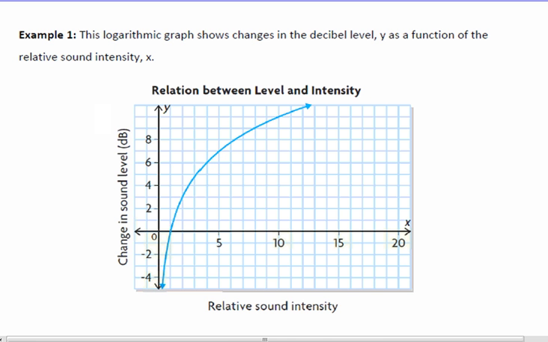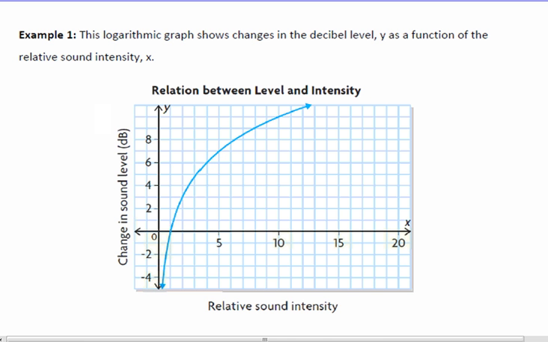Now, in log equations, remember how we talked about that time is usually the x variable? Remember we talked about that? And exponential equations are inverse of log equations. They're inverse. So often in a log regression, time is actually the y variable. Very, very often, time is the y variable.